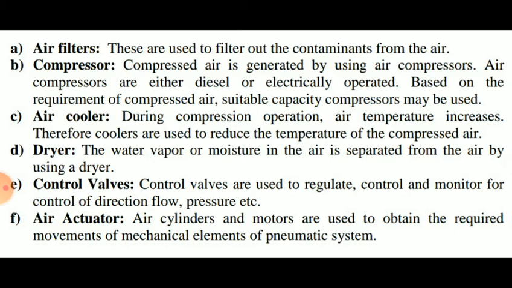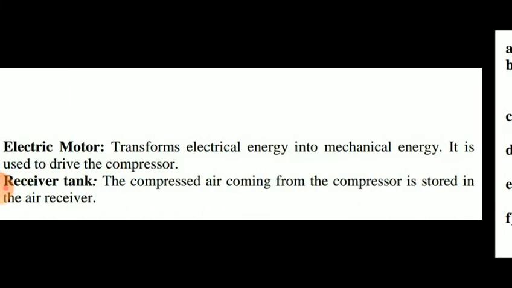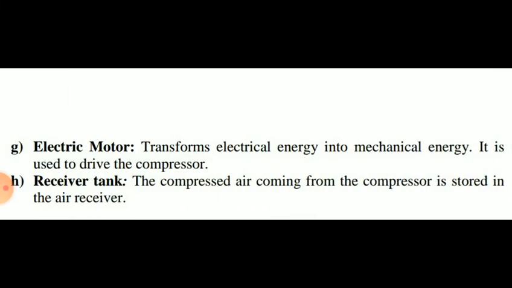Air actuators: air cylinders and motors are used to obtain the required movements of mechanical elements of the pneumatic system. The electric motor transforms electrical energy into mechanical energy and is used to drive the compressor. And the receiver tank: the compressed air coming out of the compressor is stored in the air receiver. These are the different components of the pneumatic system.